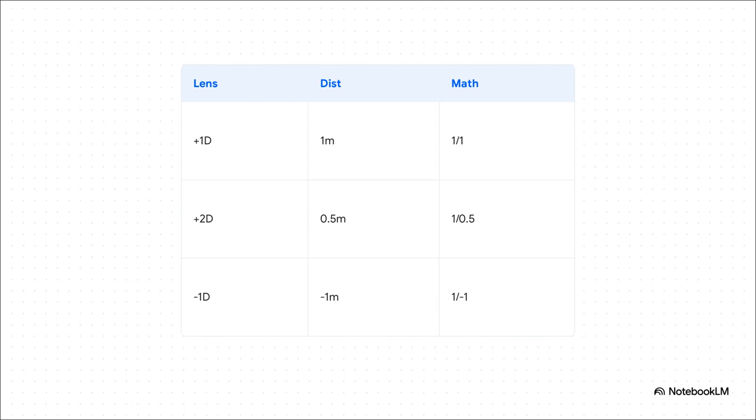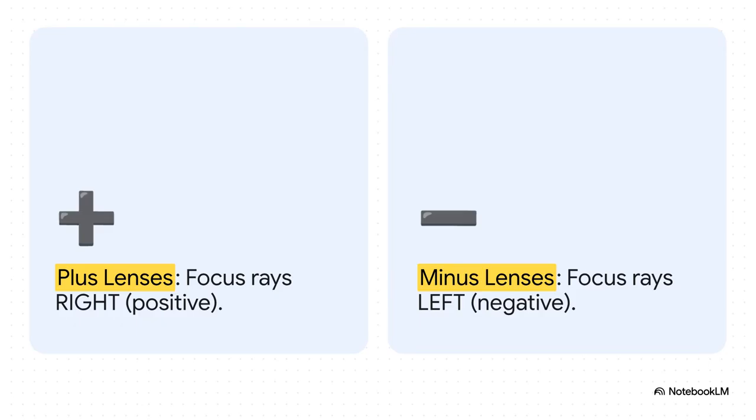Remember those sign conventions from earlier? The minus lens causes parallel rays to diverge, which means our mathematical focal point is traced backward to the left of the lens. And because it's on the left side, the distance is -1 meter. 1 divided by -1 gives us our power of -1 diopter. So the really crucial takeaway here is seeing how the optical laws and the clinical math align perfectly.